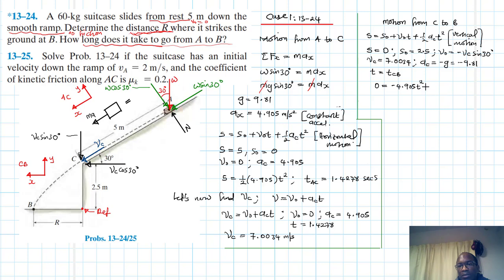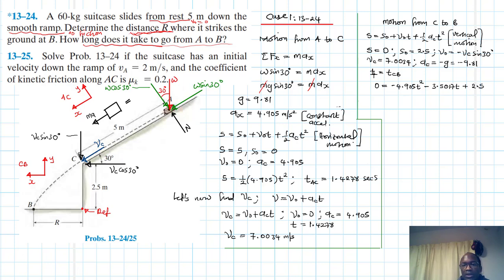This part is minus half of 7.004, which divided by 2 is 3.5017 T, and then plus S naught, which is 2.5.